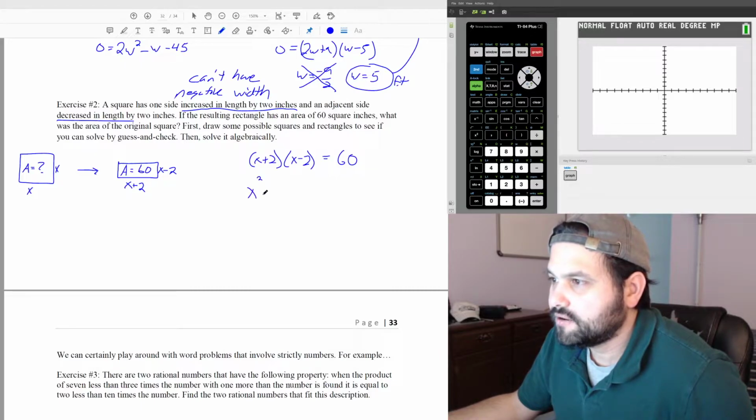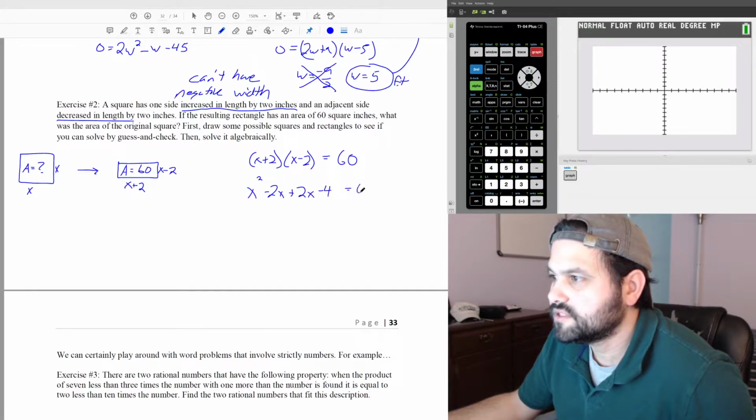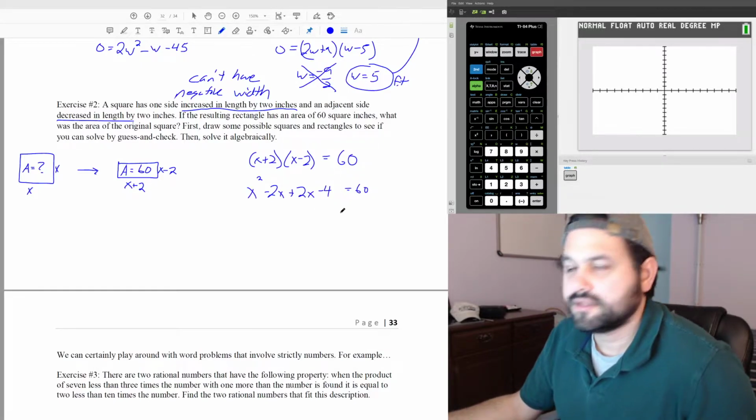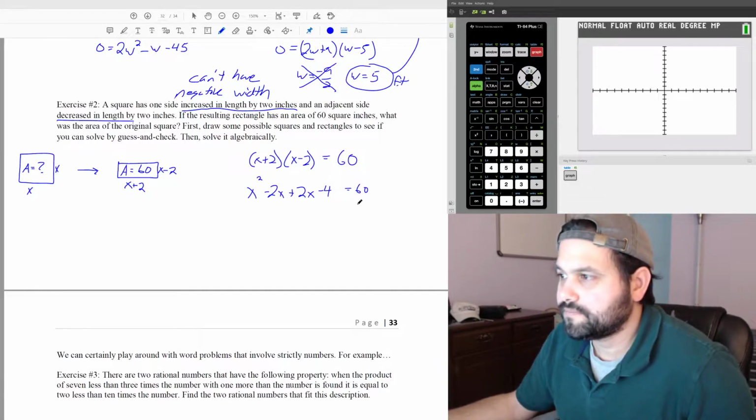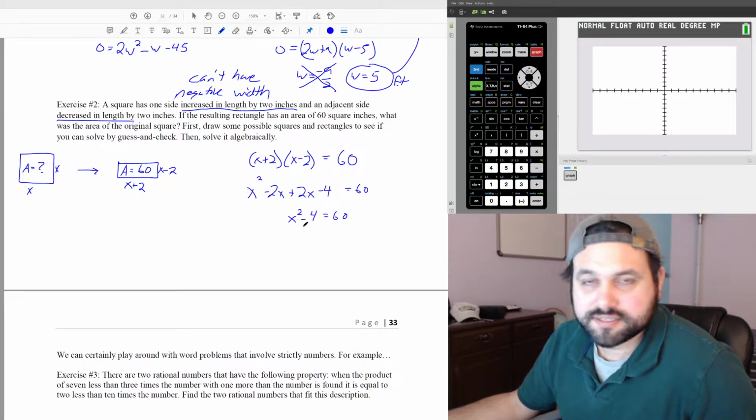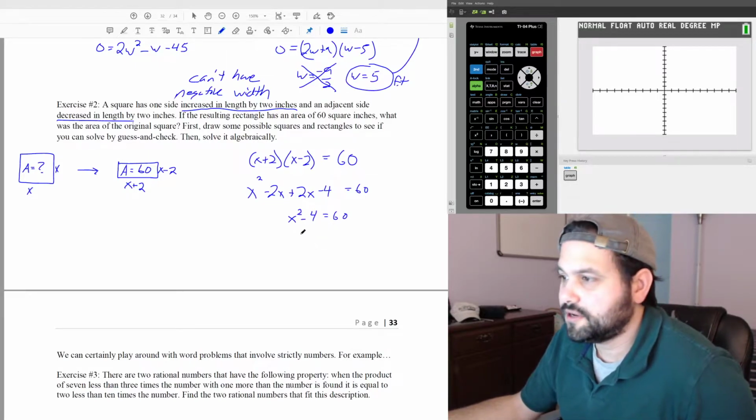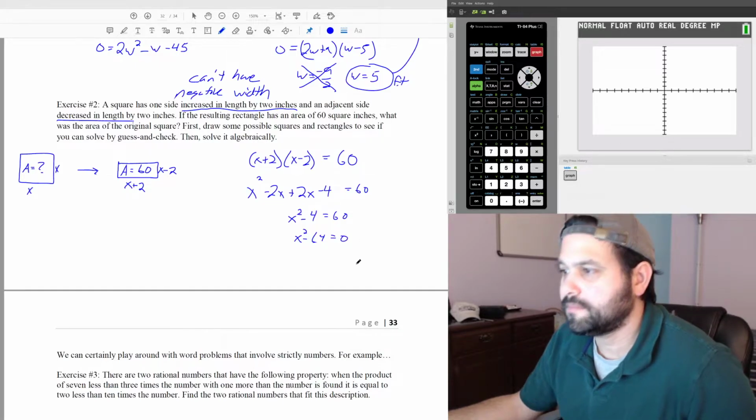X squared minus 2x plus 2x minus 4 equals 60. Let's combine like terms, set it equal to 0. Subtract the 60 from each side so it's equal to 0. X squared minus 64 equals 0.